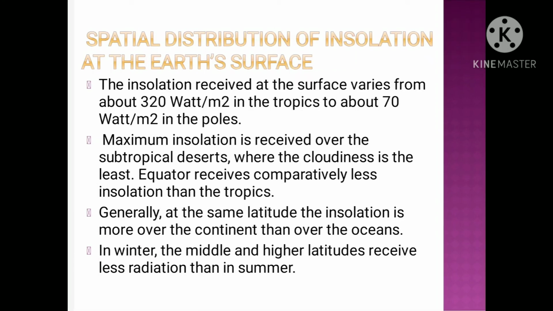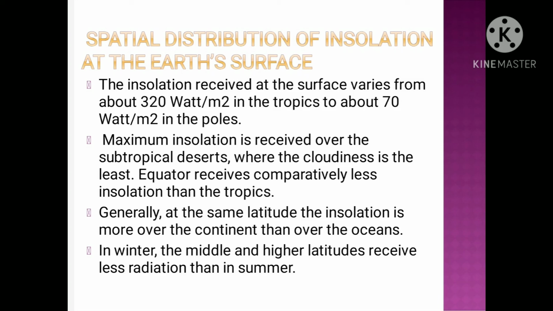Now, the spatial distribution of insolation at the Earth's surface. The insolation received at the surface varies from 320 watt per meter square in the tropics to about 70 watt per meter square in the polar areas. Maximum insolation is received over the subtropical deserts where the cloudiness is the least.